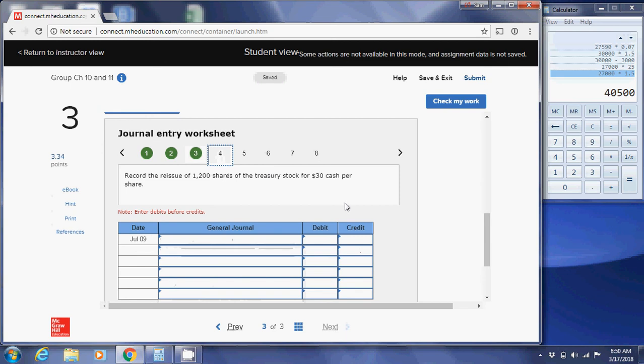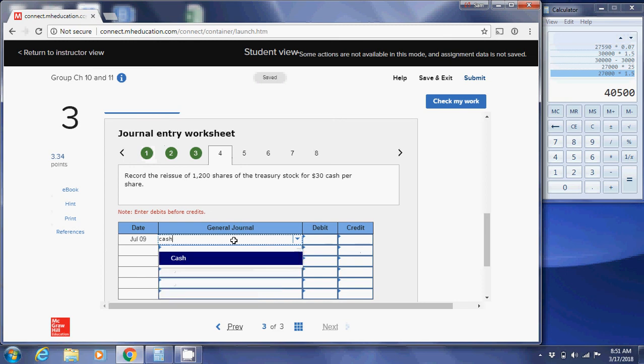All right. Now we're going to reissue 1,200 shares of that treasury stock. So I'm just going to flip back to number one. We purchased 3,000 shares for 25, and now we're going to resell 1,200 shares for 30. Well, that was good for us. We made a little bit of money. So we can take 1,200 times 30, and we know that equals 36,000.